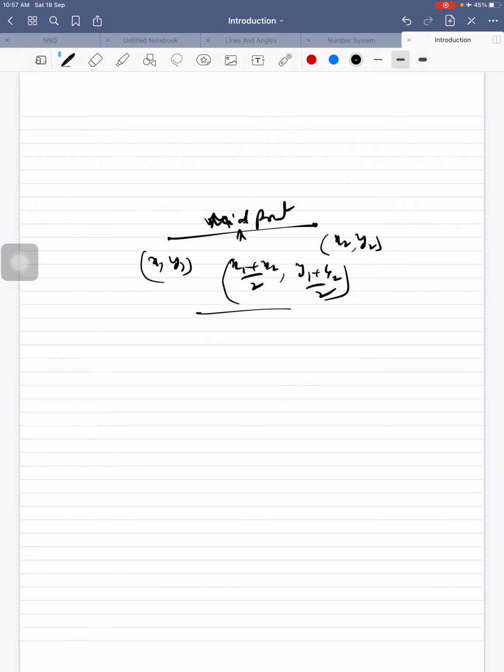So suppose this is x1, y1, this is x2, y2, then the midpoint is x1 plus x2 by 2, comma, y1 plus y2 by 2. This way you can find the midpoint of the line. You can do more problems on this for finding the midpoint.